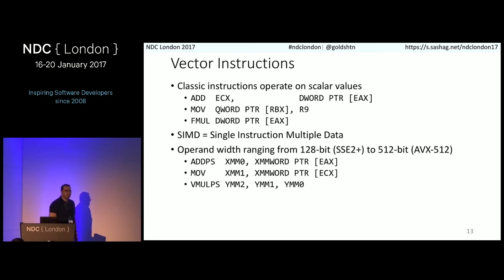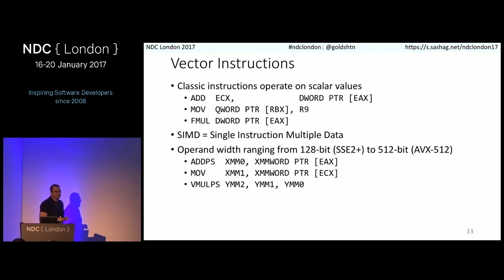SIMD, or single instruction multiple data, are instructions that Intel have had for like 15 years now, and again have been stressing more recently because a lot of advances have been made in the last few years. And SIMD instructions operate on multiple values at once, multiple elements, multiple ints or floats, what have you. Examples.